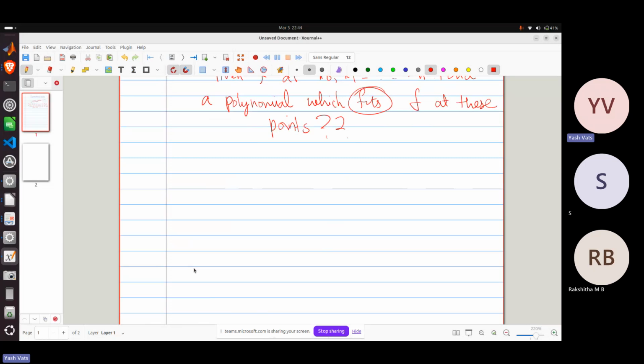So find a cubic, no, I just take a quadratic to be easier for me.